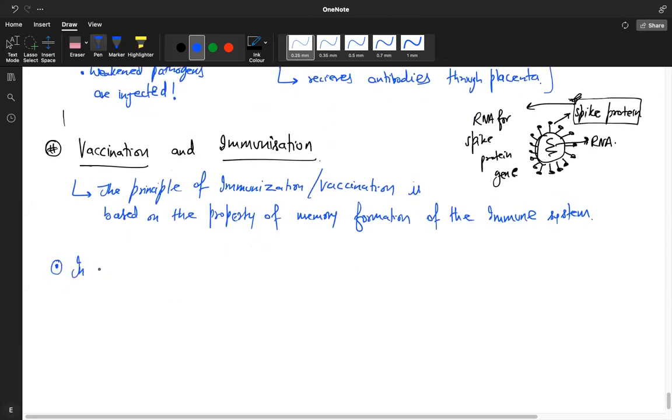So write down what happens in vaccination, like what we did in the case of COVID also. In vaccination, you can inject RNA for the gene. You can also inject a DNA fragment.